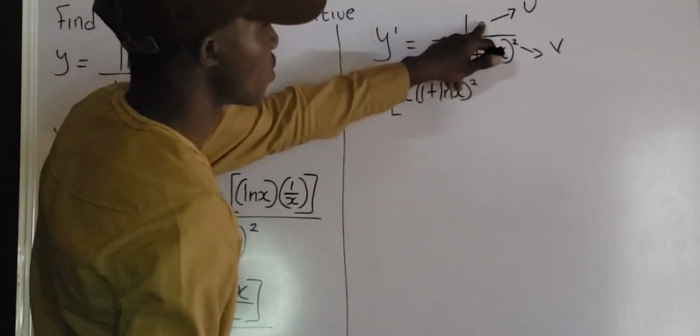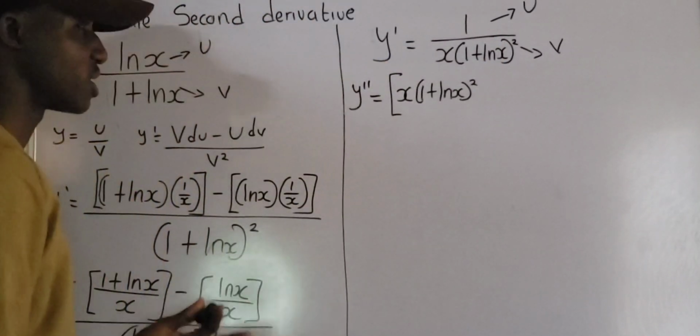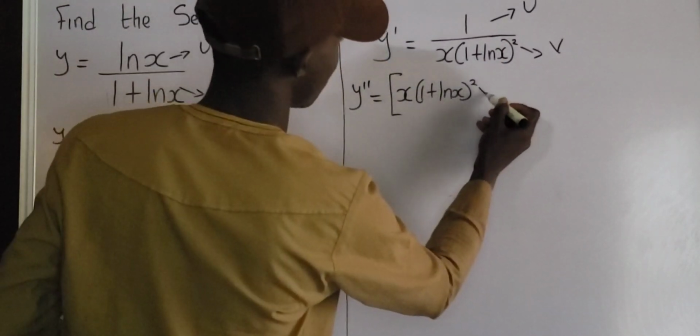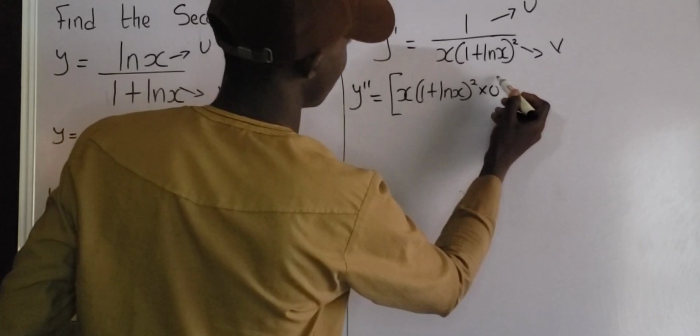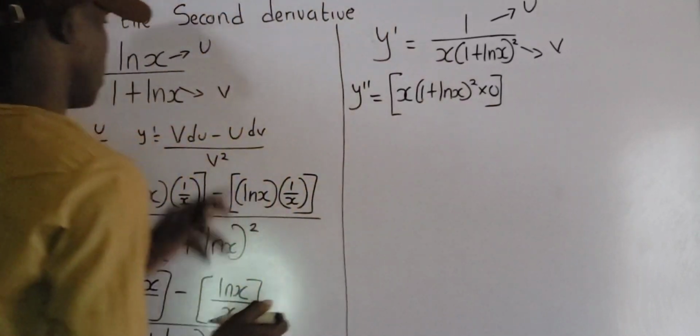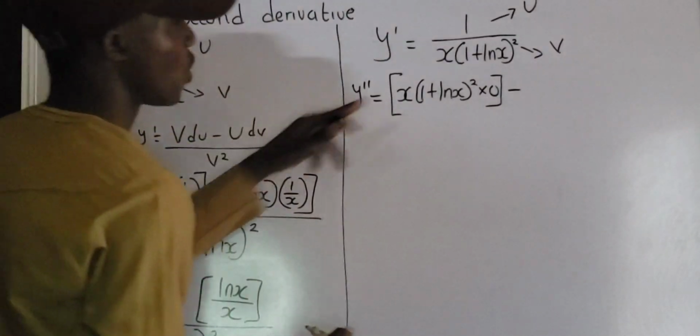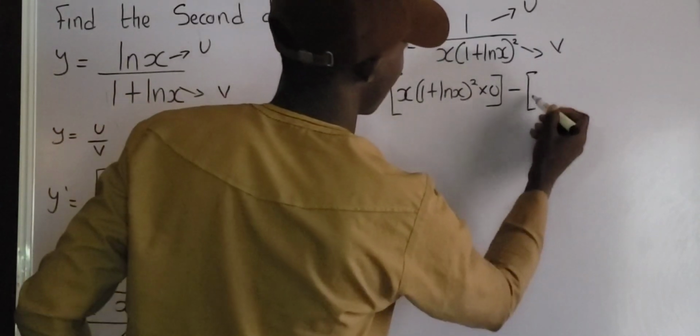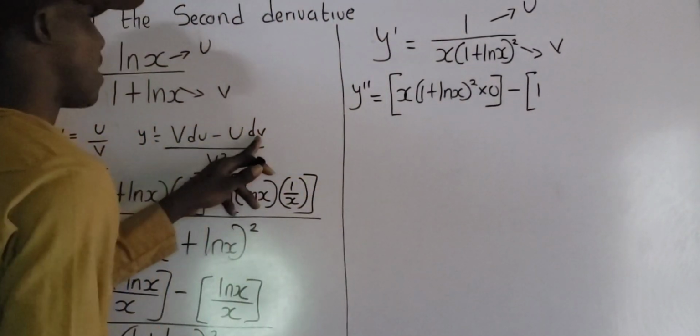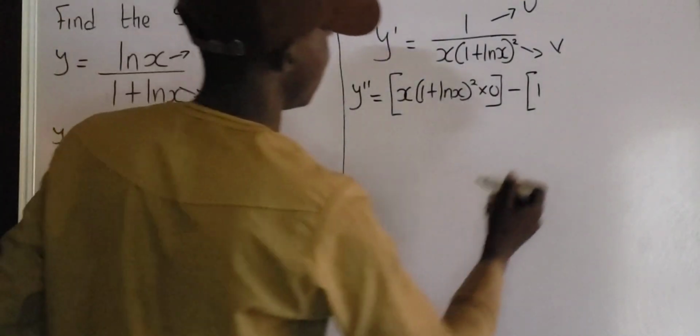If you differentiate a constant, it will give us 0. So I'm going to multiply by 0, minus u. U is 1. So open a good bracket, 1 multiplied by the derivative of v.